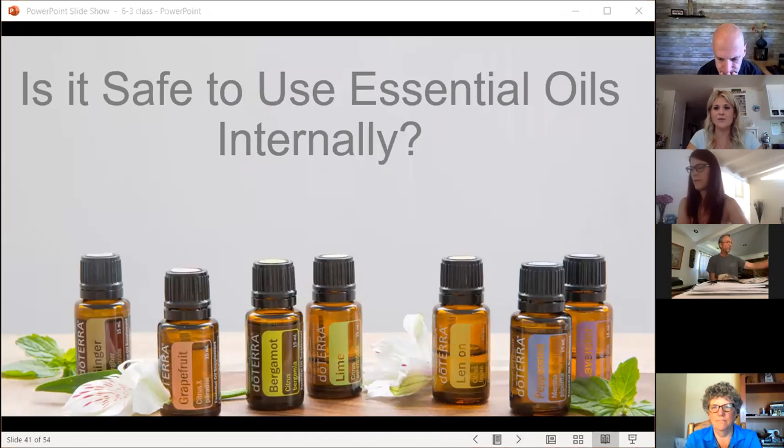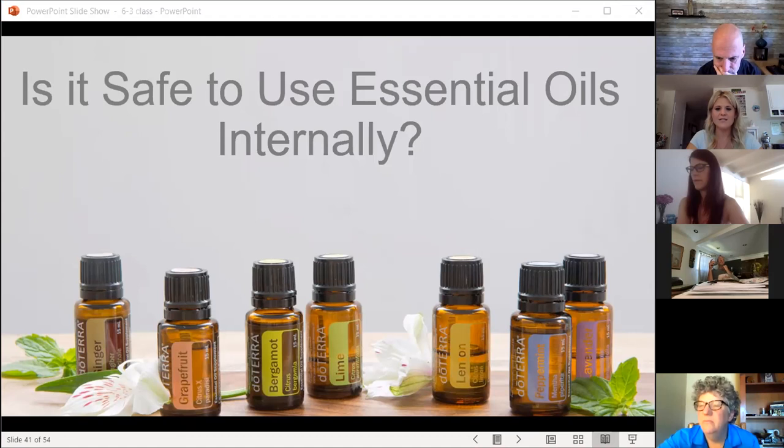As I mentioned, yes, only if they're doTERRA essential oils, because I know the purity and potency is available, tested and regulated. And so these are natural compounds that are found in plants like fruits anyway, so why not take them for those internal benefits to our body? Our body is equipped to metabolize natural compounds like the ones that are found in these fruits and plant materials.